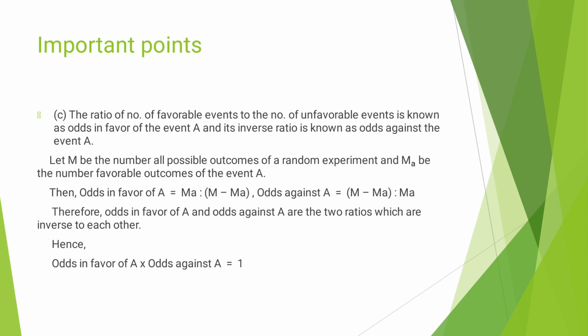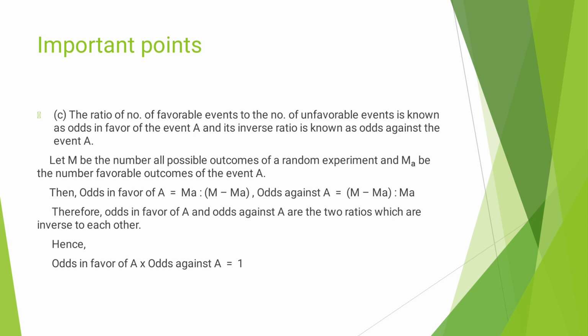Important points. C. The ratio of the number of favorable events to the number of unfavorable events is known as the odds in favor of the event A, and its inverse ratio is known as the odds against the event A. Let M be the number of all possible outcomes of a random experiment, and MA be the number of favorable outcomes of the event A. Odds in favor of A are MA to M − MA. Odds against A are M − MA to MA.